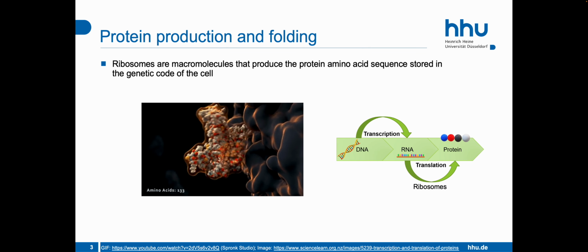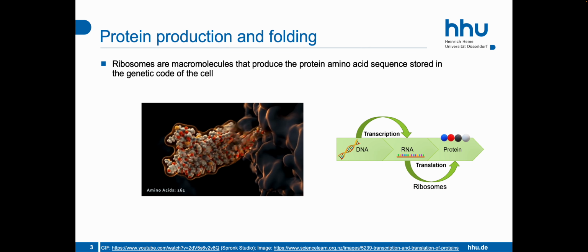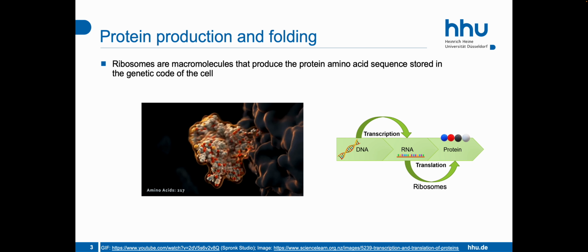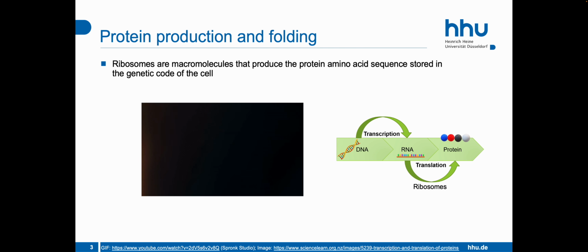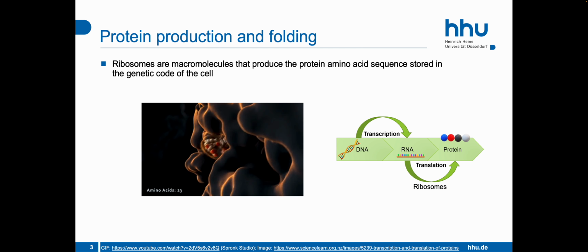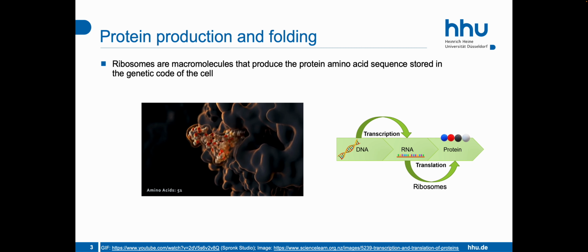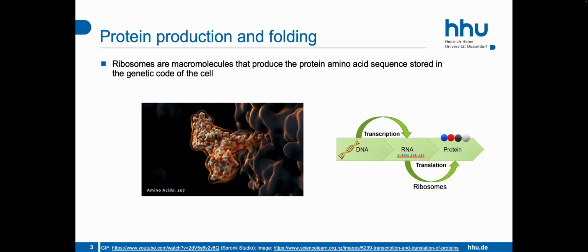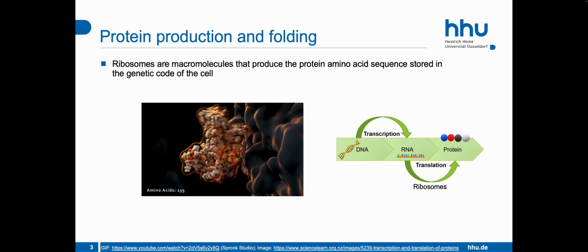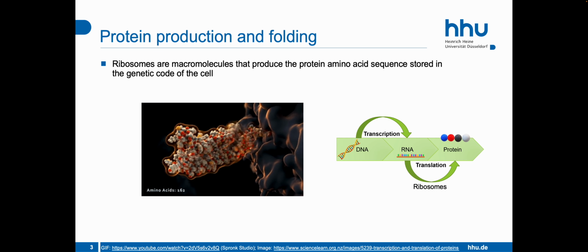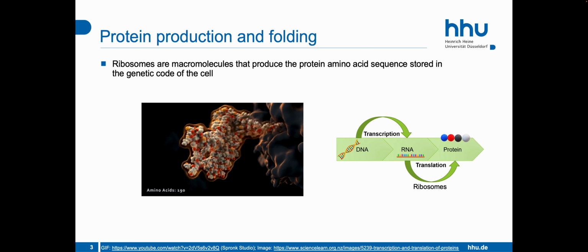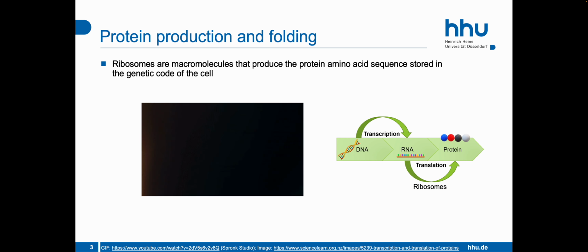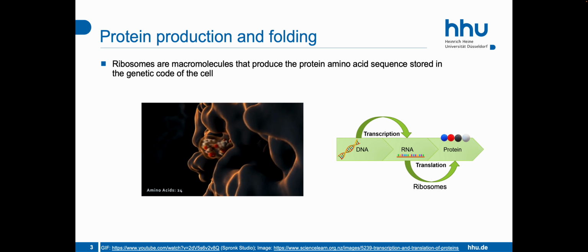And when a specific protein is needed, the cell makes a copy of the relevant part of the DNA with the instructions for the protein and converts it into mRNA through a process called transcription. And then the ribosome makes the amino acid sequence that is encoded in this mRNA in a process called translation. And as you can see in this video, once part of the sequence are produced, the protein begins to fold and you end up with the 3D structure of the protein.